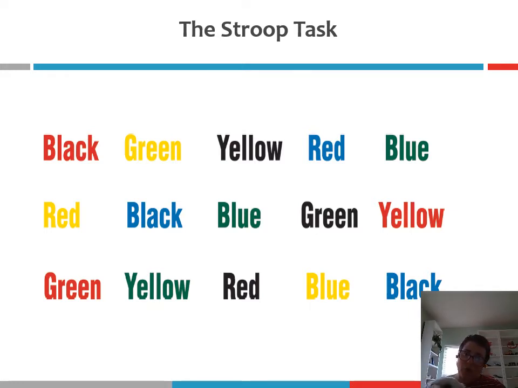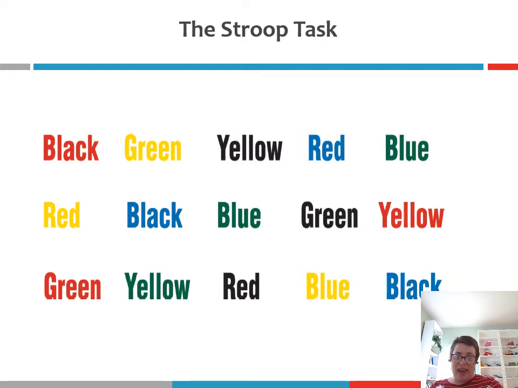Your job when you complete this task is to tell me as quickly as possible the ink in which the word is printed. So to solve this task, your job is to tell me the color of the ink in which the word is printed. Okay?